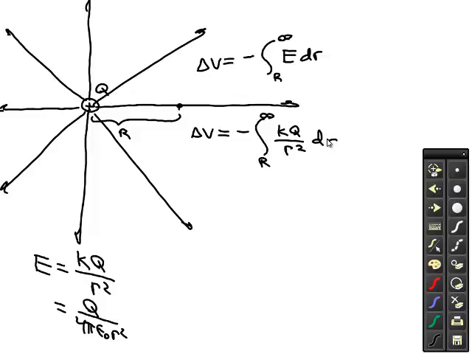What are my constants? Q. Yeah, that charge sitting there, that's not Ralph I'm talking about. That's actually the charge that's causing this field. So it's going to stay constant. I'm going to say negative KQ times the integral of R to the negative 2 dr from R to infinity. When I integrate R to the negative 2, I get negative 1 over R.